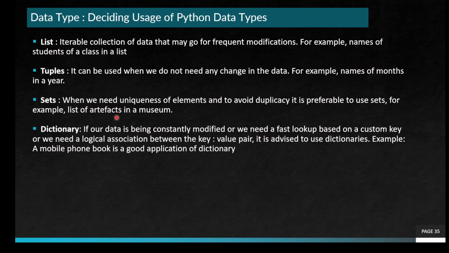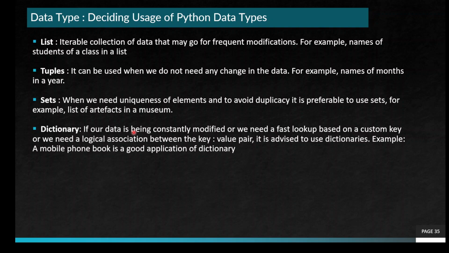Every article has a unique ID, either man-made or generated, that must be unique. So uniqueness must be protected, and in this case sets are the most suitable data type.